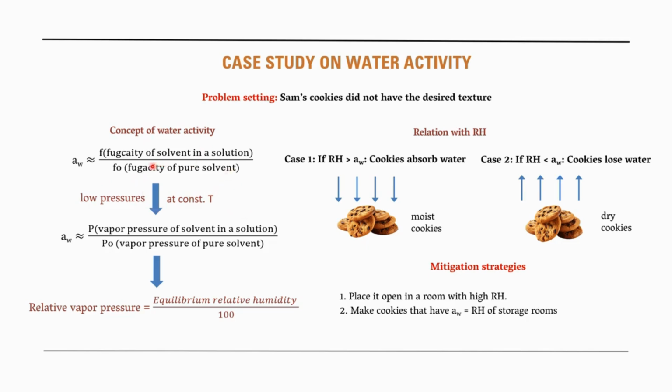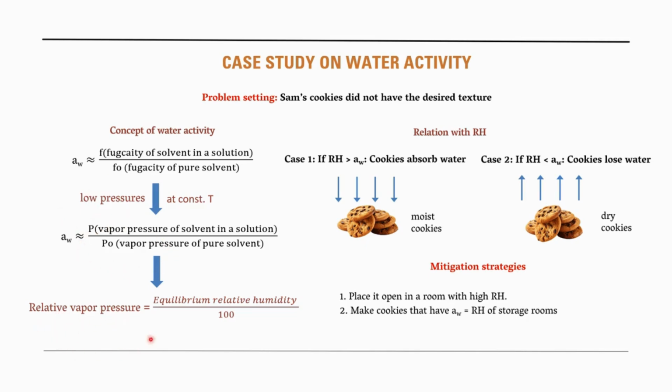So water activity is given as fugacity of solvent in a solution to fugacity of pure solvent under standard measurement conditions. Fugacity refers to how easily a molecule can escape from a solution. At constant temperature and low pressures, water activity becomes equivalent to relative vapor pressure.